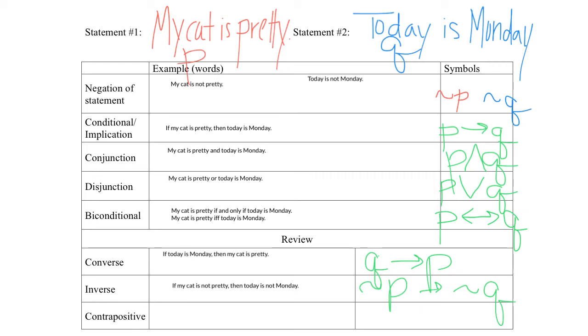So we would say, if today is not Monday, then my cat is not pretty. And the symbols would be if not Q, then not P.